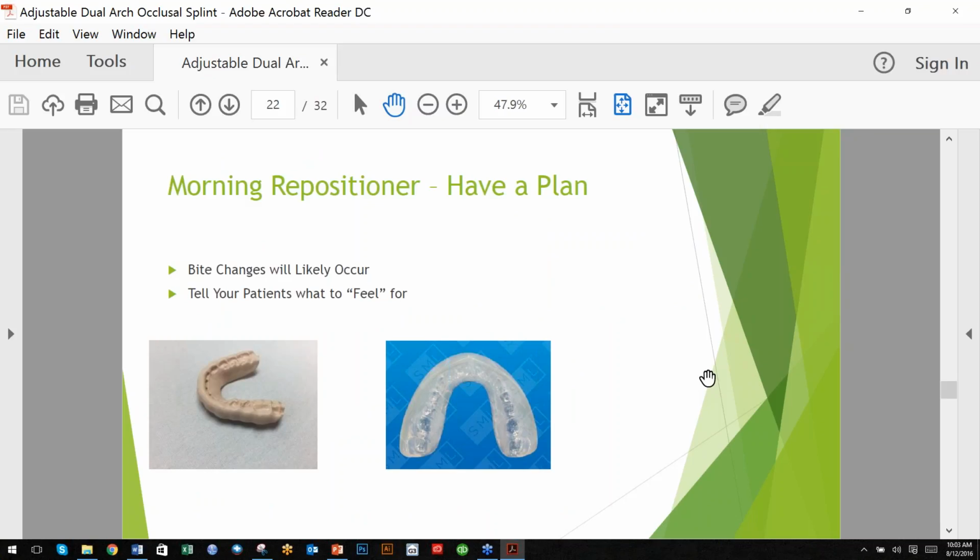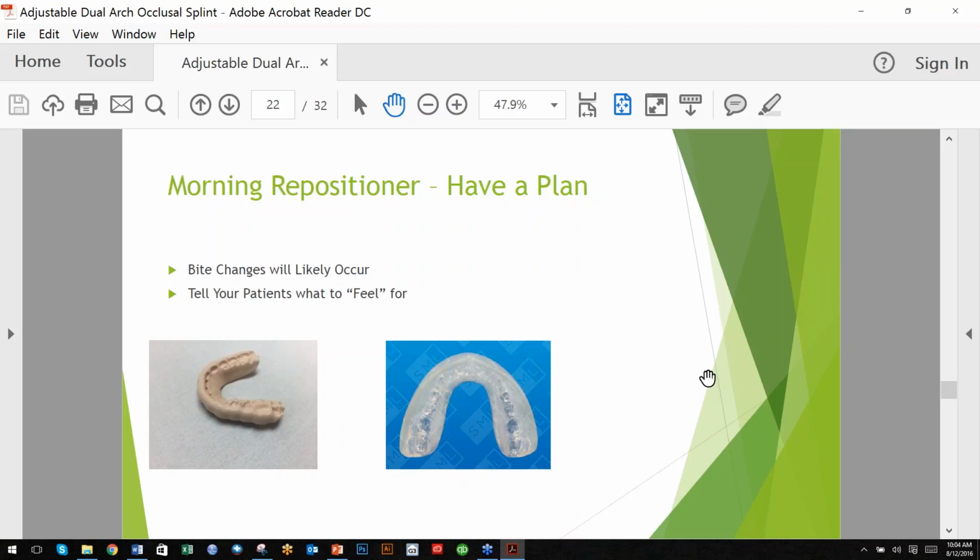So these positioners address both of the top two side effects of oral appliance therapy. It gets the jaw to relax in the morning, and it gets your teeth to resettle to where they should be. You wear them for some minutes in the morning. A lot of times you take your appliance out, you put it in some water, clean it, put in your repositioner, take a shower, get cleaned up, take the repositioner out, and you're done.